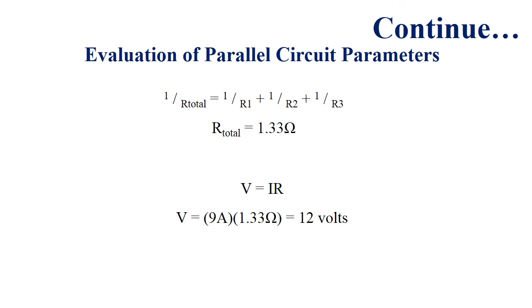So as we calculated the current value, which is 9 ampere, the voltage in our circuit is equal to 9 ampere multiplied by 1.33. So the answer is 12 volt, exactly the same voltage as the battery. So we can say that across each branch in the parallel circuit we have an equal amount of voltage.